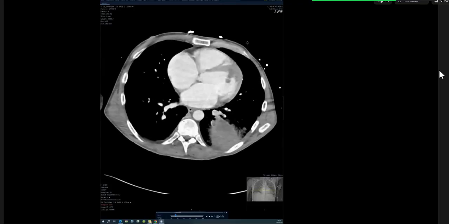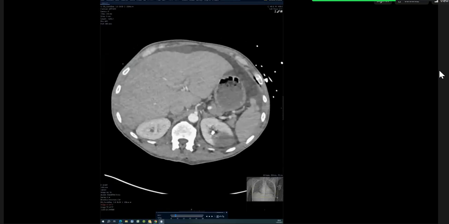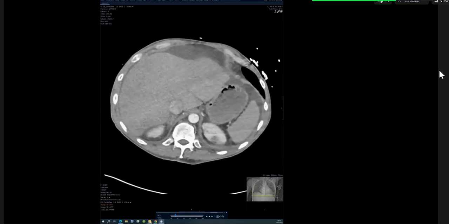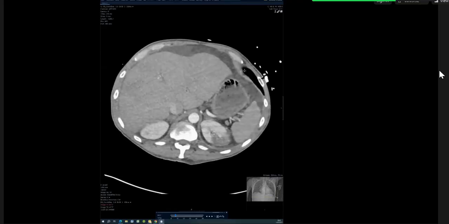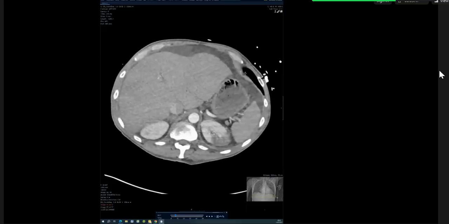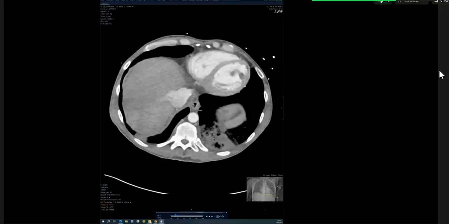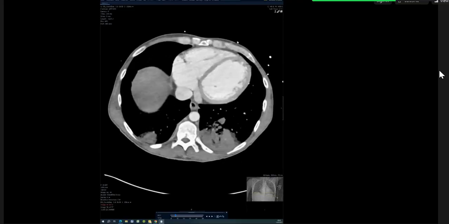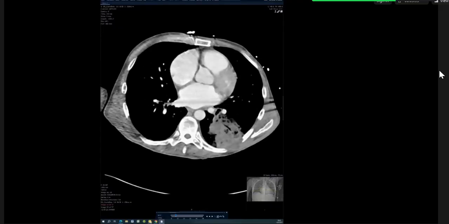I also noticed that in the left kidney, there was a wedge-shaped area of hypoattenuation extending to the renal cortex. I cannot appreciate a cortical rim sign. I would interrogate the left renal artery in detail to exclude a filling defect. However, this appearance is suspicious for a left renal infarct. So in summary, there are pulmonary and renal infarcts.